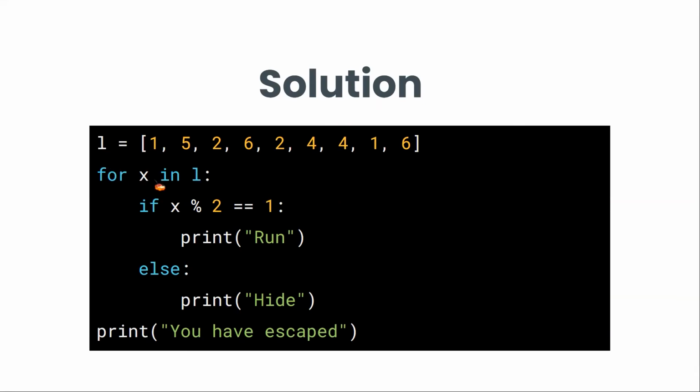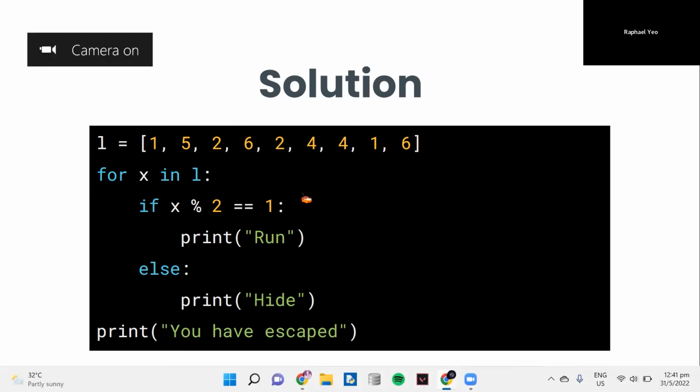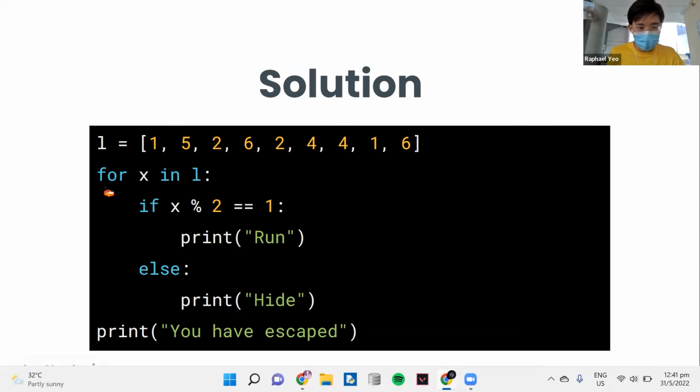So this is the solution that we have. It's quite simple. We use a for loop because you have a list to iterate through, so it's easier to use a for loop. And then you have x, and you have an if statement inside and an else statement.